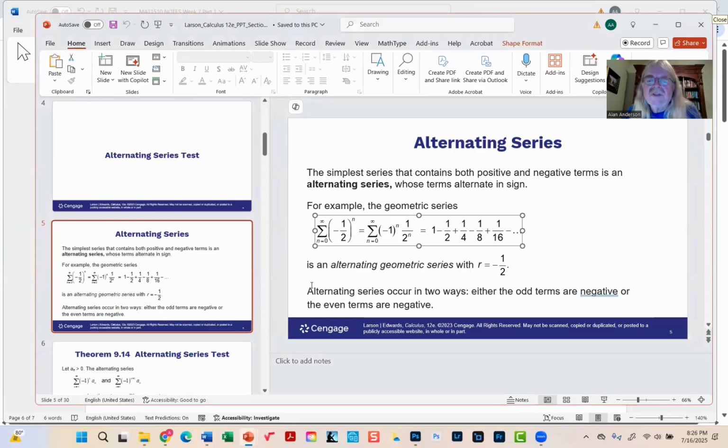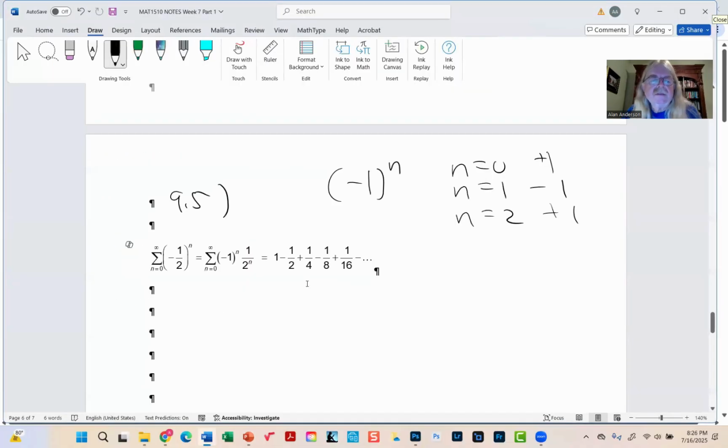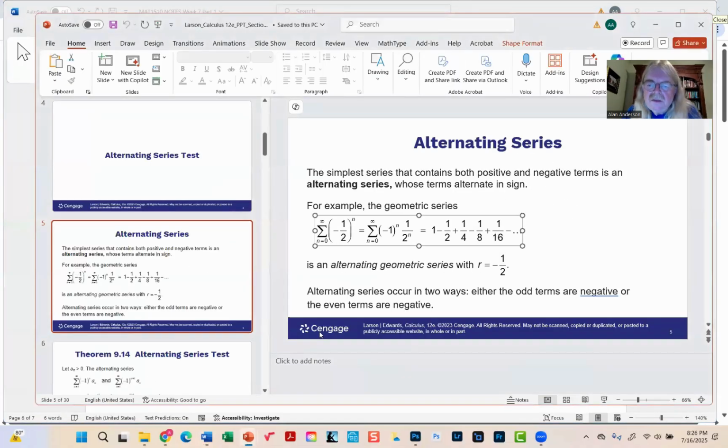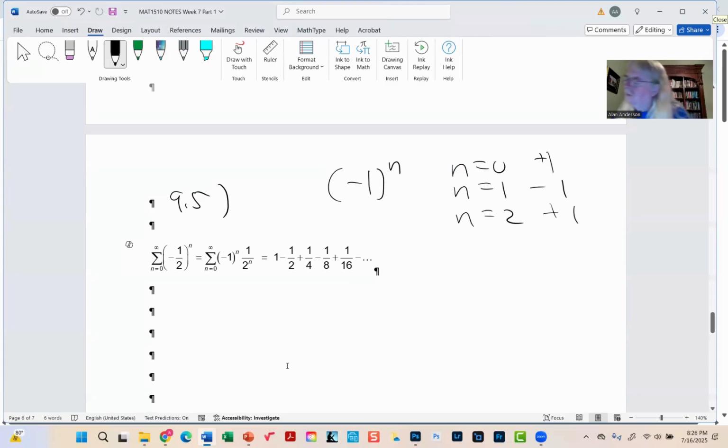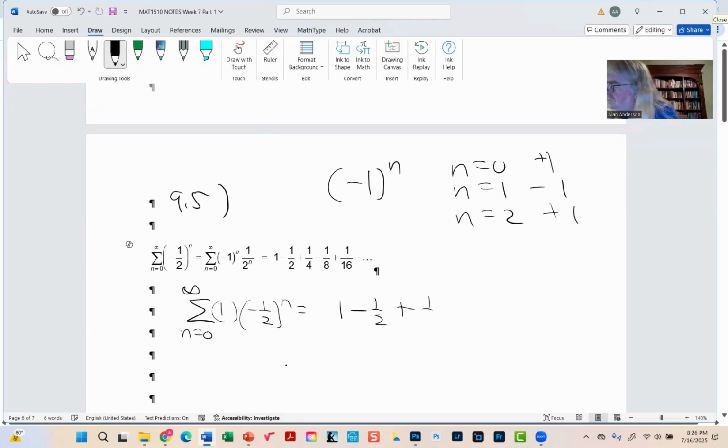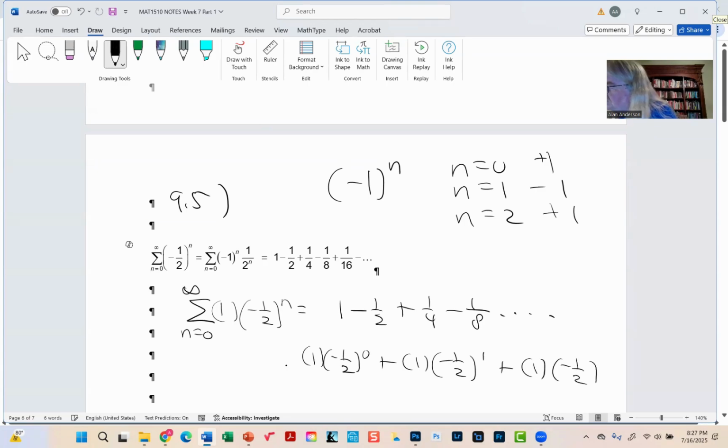And that's what accounts for the fact that every other term is positive, every other one is negative. In this particular case, r is -1/2. Because you've got 1 times -1/2 to the 0 plus 1 times -1/2 to the first plus 1 times -1/2 squared, et cetera, et cetera.